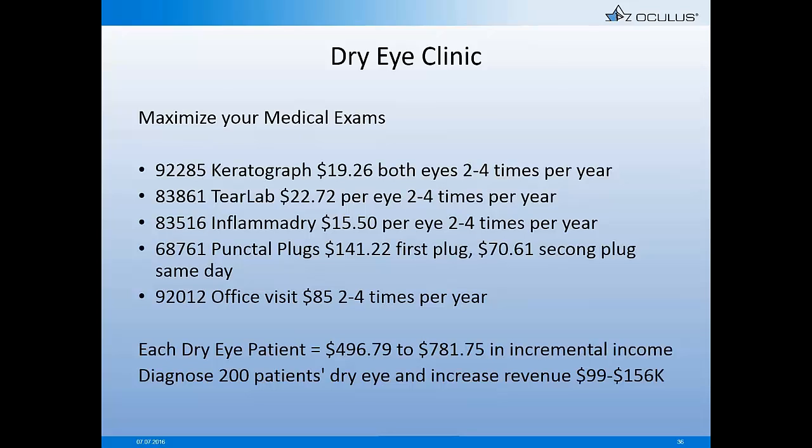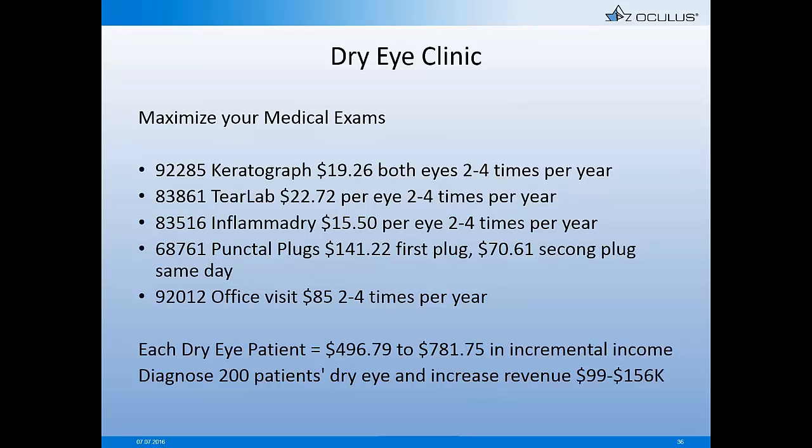So when you get to the bottom of this, I was doing one line at a time, and I'm thinking, yeah, okay. But then when I added it all up, and each dry eye patient, and if Eric has 300 to 400 that he didn't have to do any outside work to get into the practice, they're already there. Incrementally, these people add $496 to $781 per patient to your bottom line.